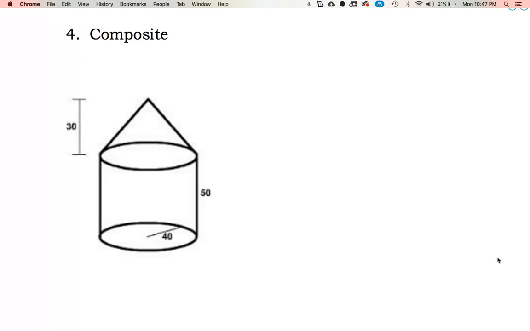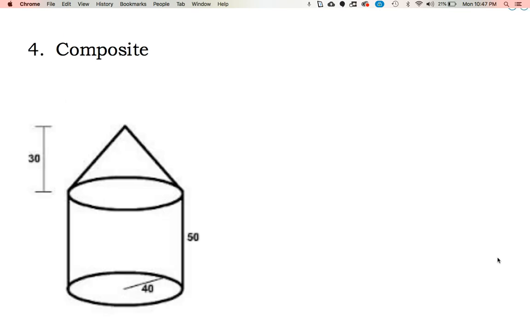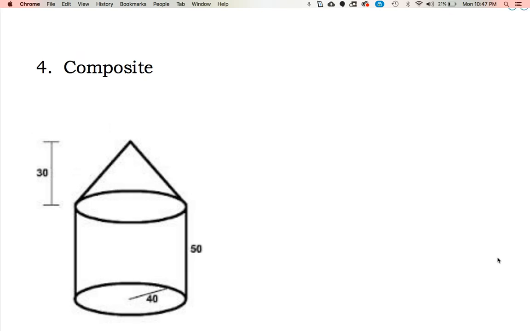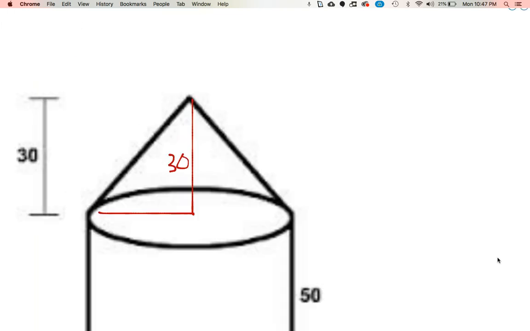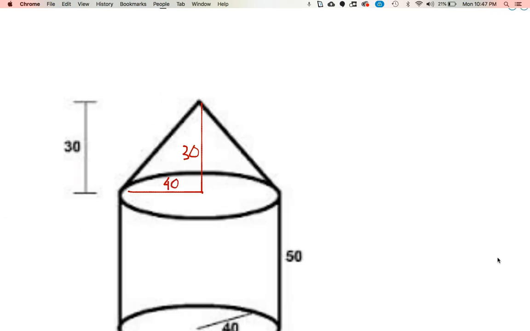All right, we have a composite. So now we have a cone on top of a cylinder. Let's do the cone first. So they're telling me this is 30 and this is 40. I can see that from the radius in the bottom circle, so it should be the same. That means I do not have the slant height that I need.